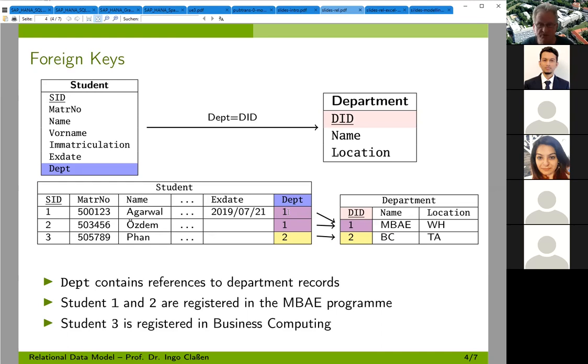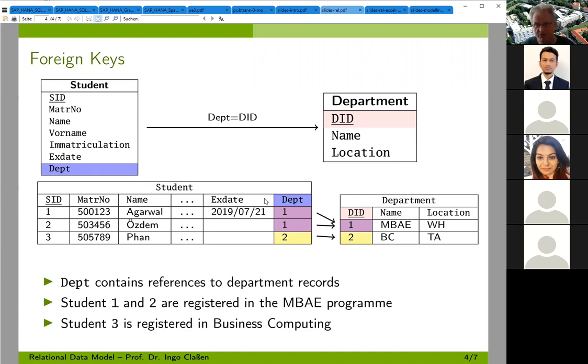That's also different from Excel, where you could provide a list of numbers, but we will see later on that this comes with a price. In a real relational database system, columns must be atomic. That means for each student record, we can have only one department number, and that immediately tells you that each student can only belong to one department, not many.